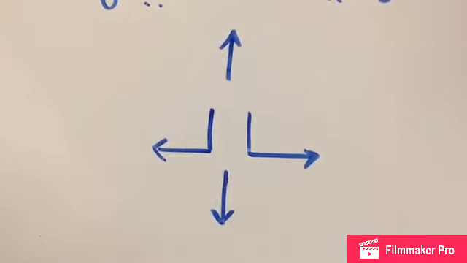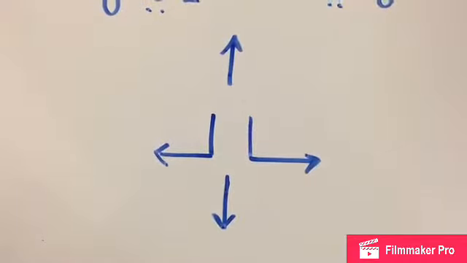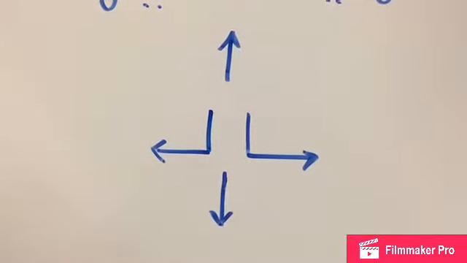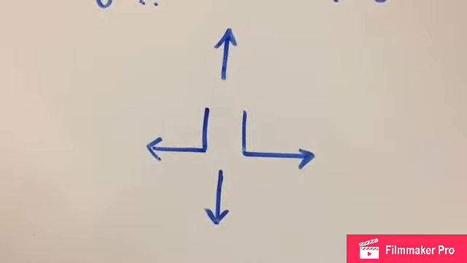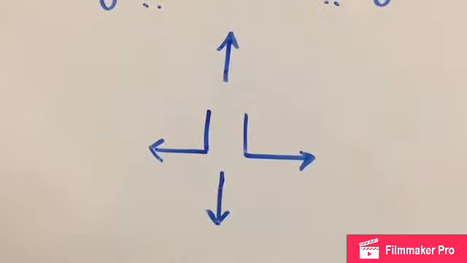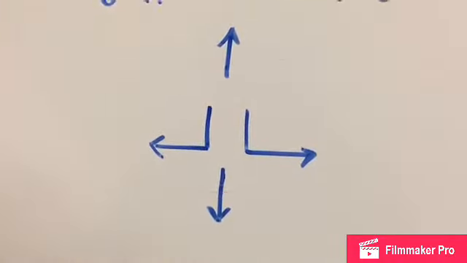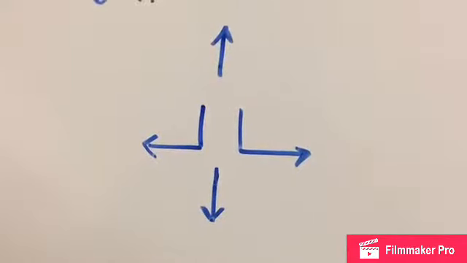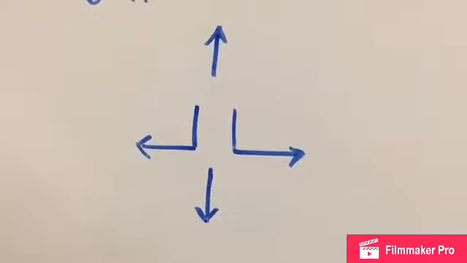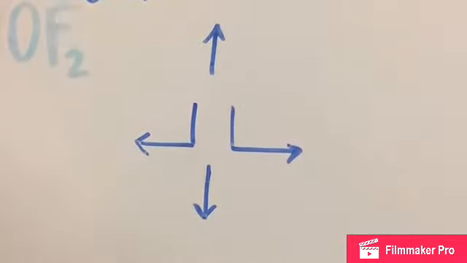But there's still a bond dipole that is going down. But in the third domain, there is an O that is pulling electrons in the upward direction, and those two bond dipoles will cancel. Again, showing that there is no net dipole for the molecule, and the molecule is non-polar.